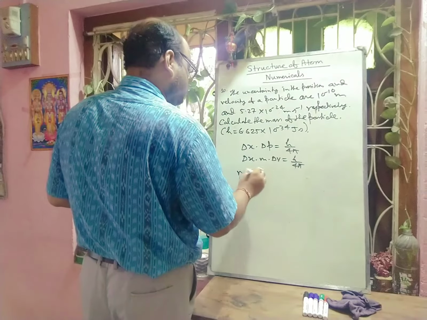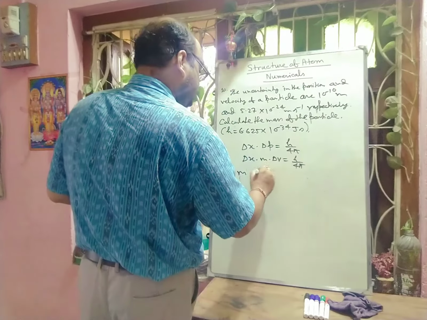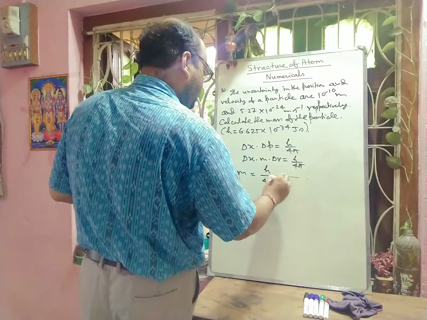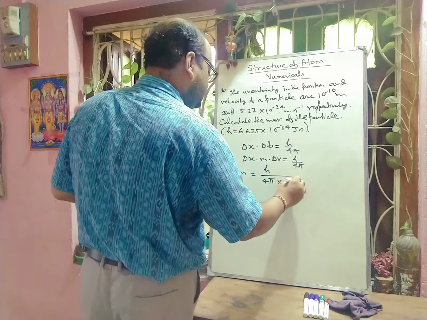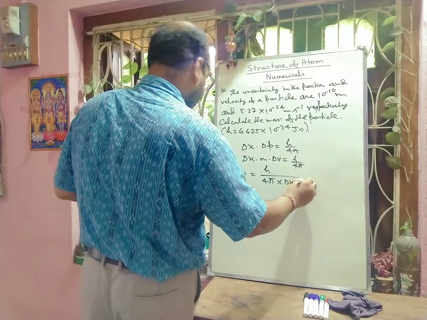m is equal to h by 4 pi into delta x into delta v.